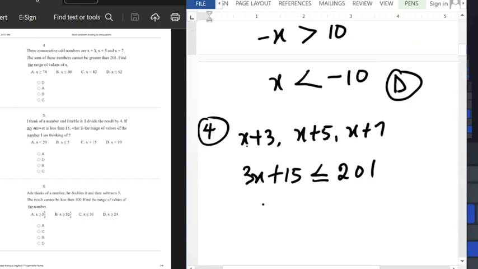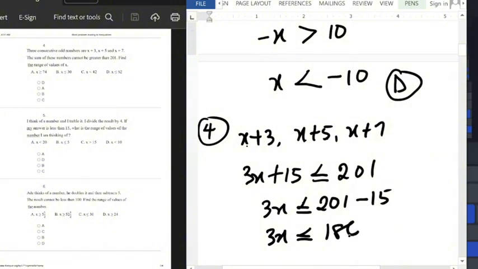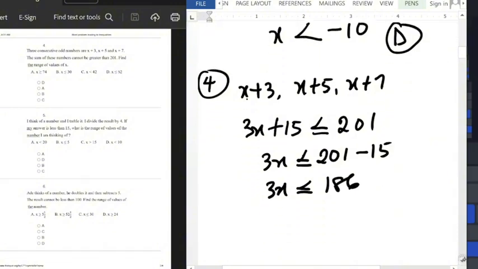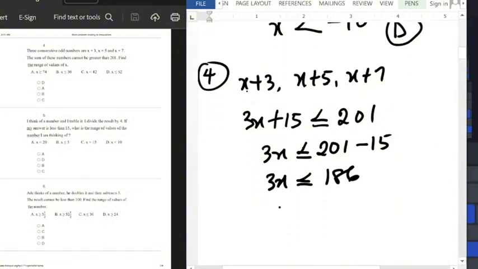So we're going to have 3x less than or equal to 201 minus 15. 201 minus 15 will give us 186. 3x less than or equal to 186. So we can then divide both sides of the inequality by 3.